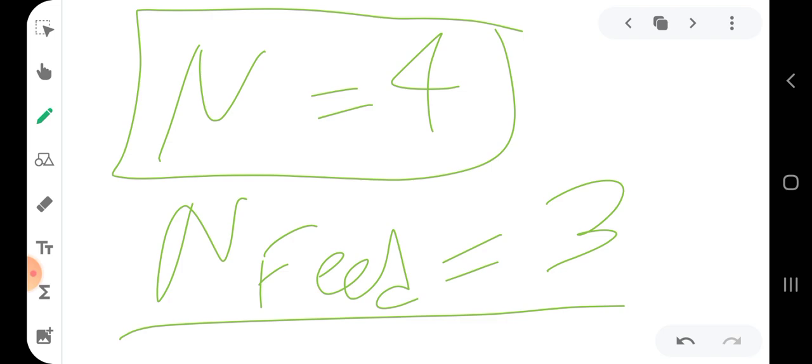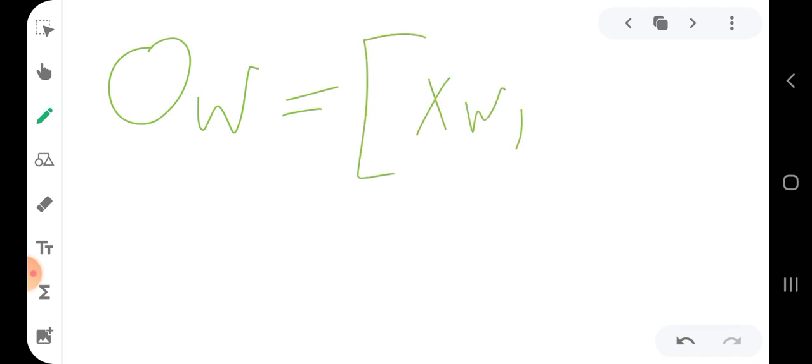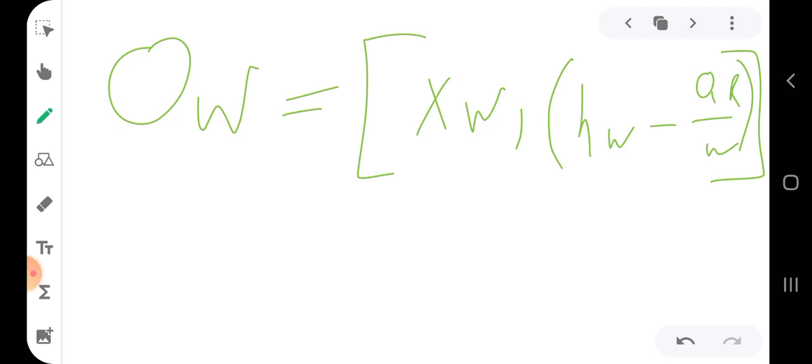This is the Ponchon-Savarit method. Now the last thing I would like to mention here is how to determine QR, the duty of the reboiler. The duty of the reboiler can be determined easily using the OW point. Remember that the OW point has XW as its x coordinate, and for the y axis it will be HW minus QR over W. So I go to the graph.